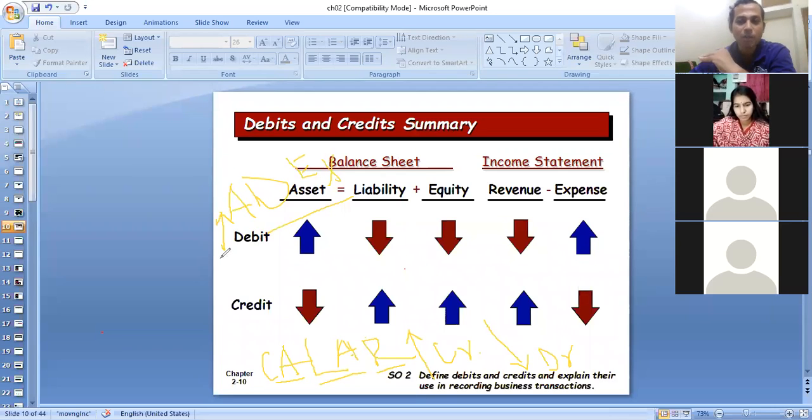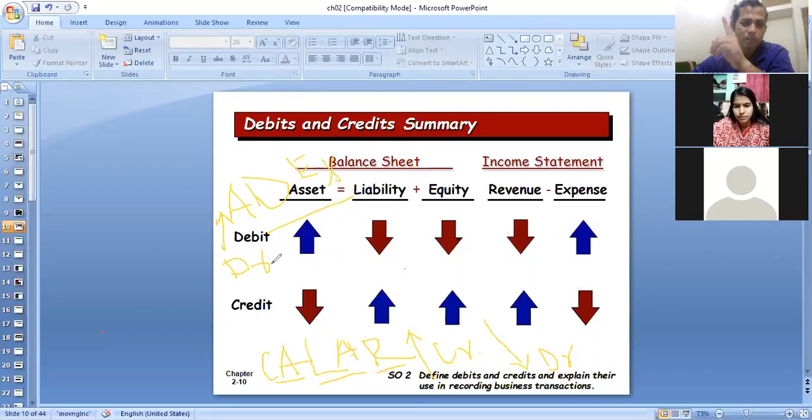So again, summing up the formulas: ADX increase, debit. What is ADX? Assets, dividend or drawings, expenses. ADX increase, debit, and the opposite, meaning ADX decrease, credit. Just remember one, debit. ADX increase, debit, opposite is the credit.